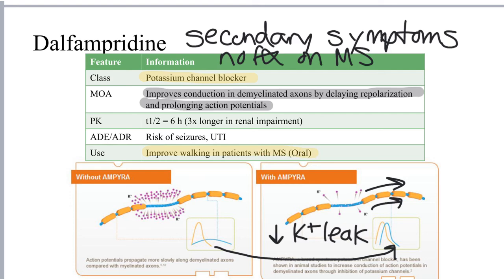There is a risk of seizures associated with use of this agent, as well as frequent or common development of urinary tract infections. The half-life is about 6 hours, but it is important to note that this half-life is extended by about threefold in individuals with renal impairment, and so some dose adjustment may be needed in those individuals.